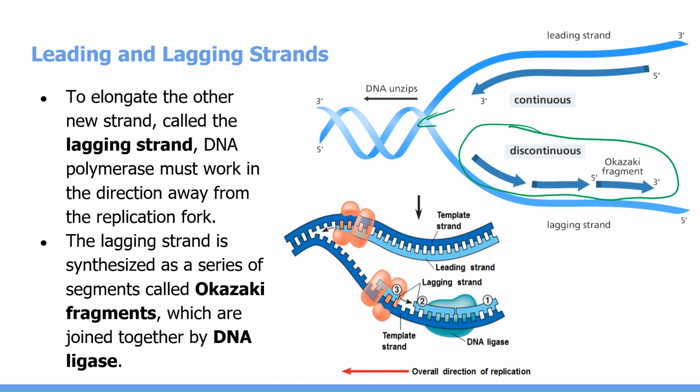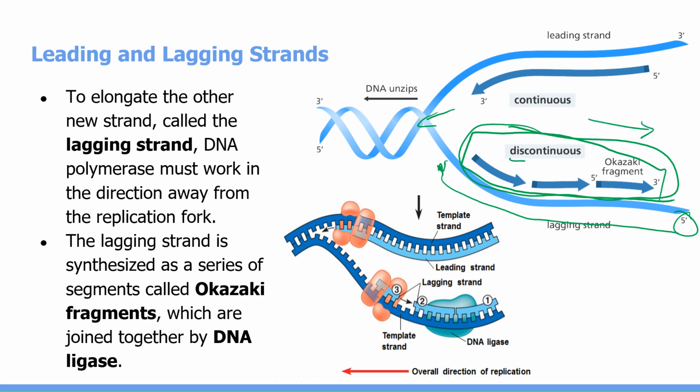Remember, DNA polymerase still reads from 3' to 5'. And this right here, y'all, is the lagging strand. The new strand is being made in fragments going away from the replication fork.